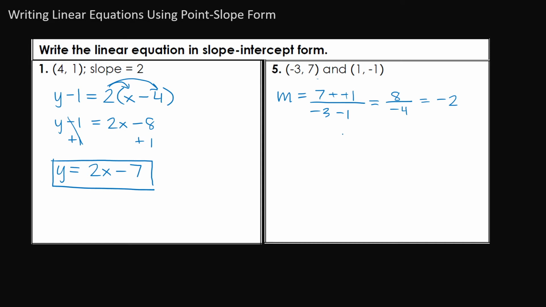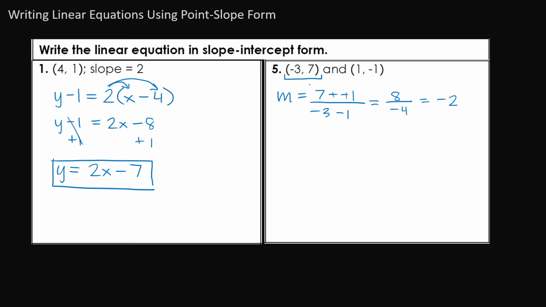So now to write this equation in point-slope form, we don't have to find the y-intercept at all. We're just going to write this in point-slope form and then convert to slope-intercept. I'm going to use the coordinate negative 3, 7, and the slope of negative 2.